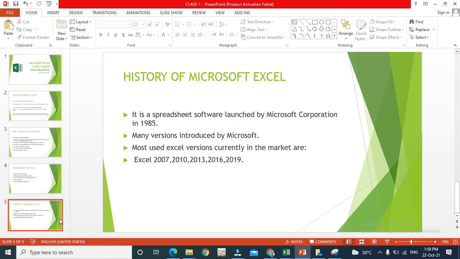Going to the next slide, history of Microsoft Excel. It is a spreadsheet software launched by Microsoft Corporation in 1985.